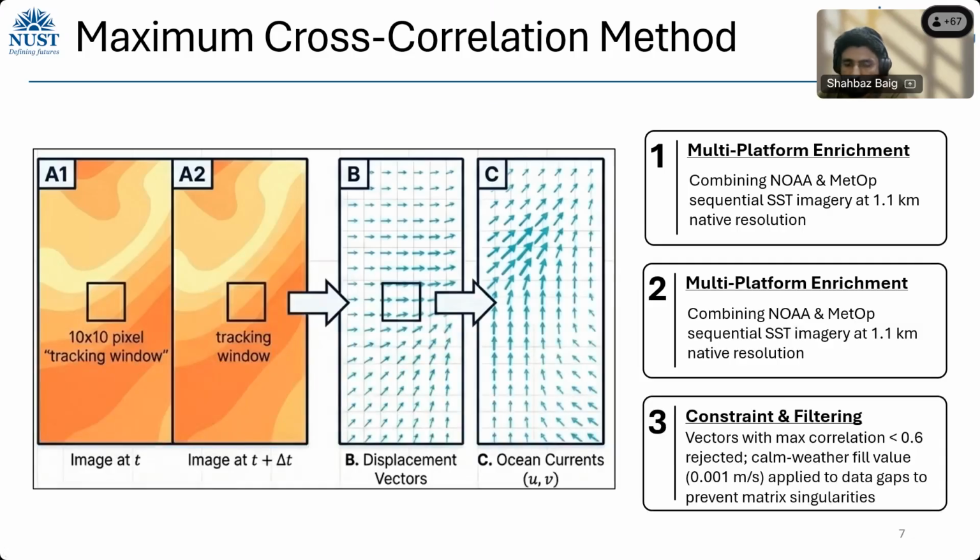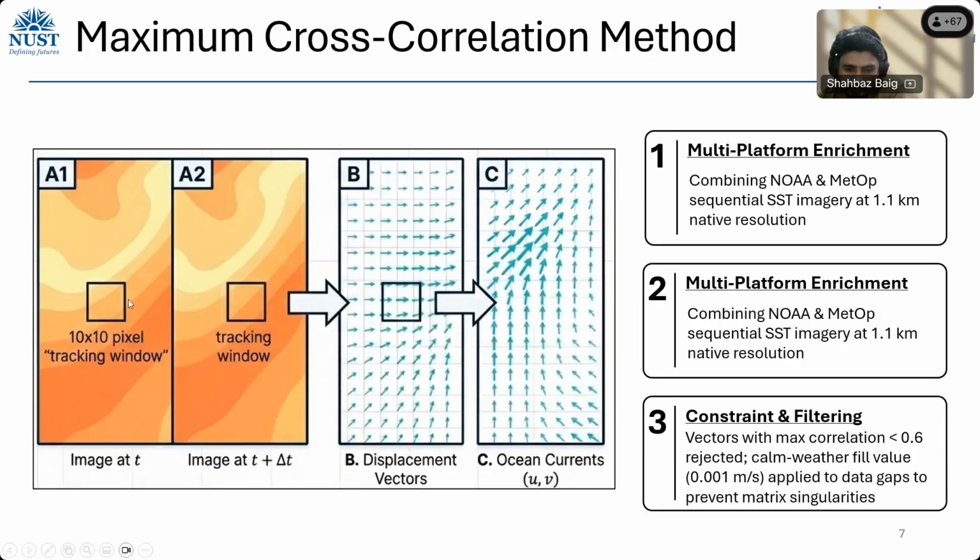So we utilize a well-known and well-matured model, which helps to derive the ocean currents from sequential thermal imagery separated by different time lags. We have incorporated time lags ranging from 1 hour up to 24 hours.